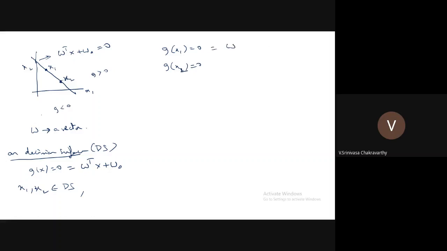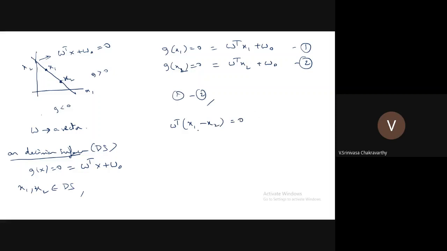So that is equal to W transpose x1 plus W naught, and that's equal to W transpose x2 plus W naught. Now if you take the difference of these two, do 1 minus 2, then you get W transpose of x1 minus x2 is also equal to 0.